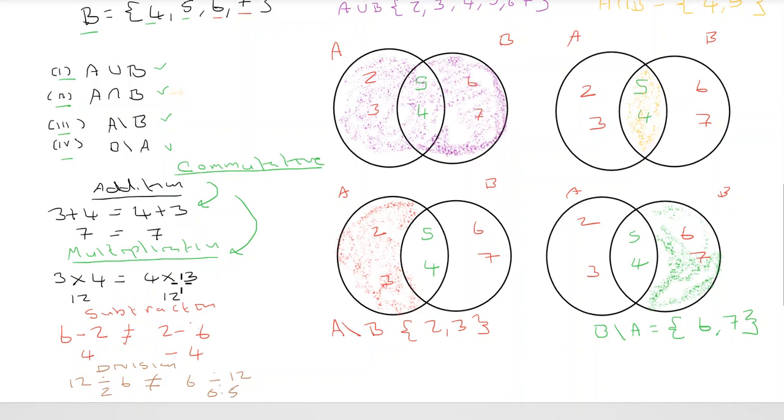So what we can say is that subtraction and division are what is known as non-commutative.